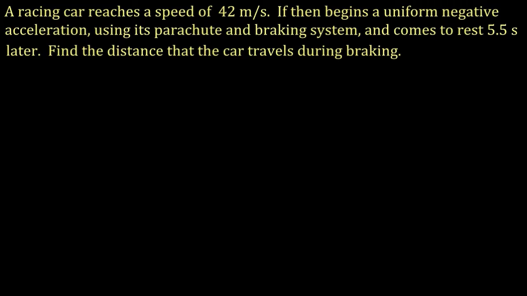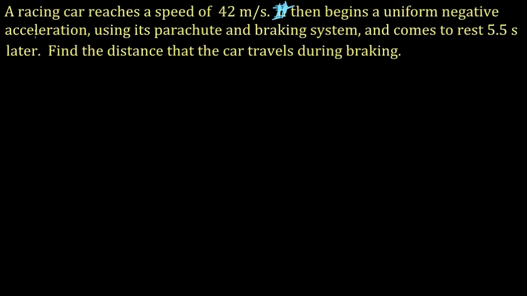The problem says a racing car reaches a speed of 42 meters per second. It then begins a uniform negative acceleration using its parachute and braking system and comes to rest 5.5 seconds later. Find the distance that the car travels during braking.